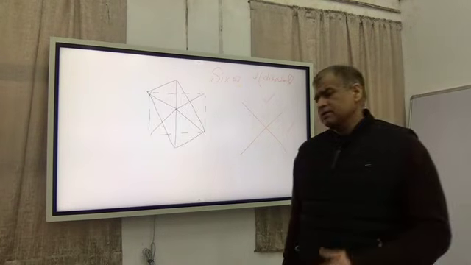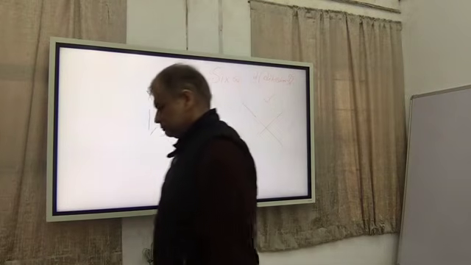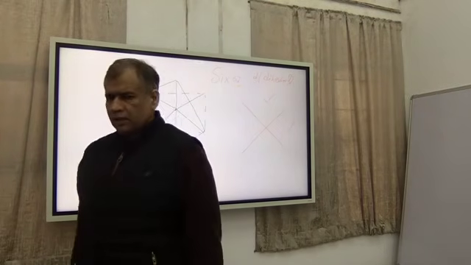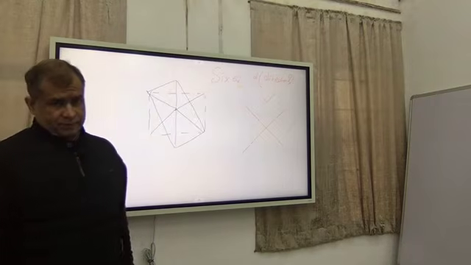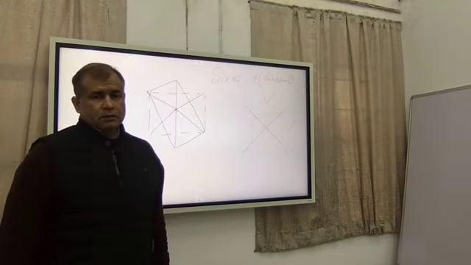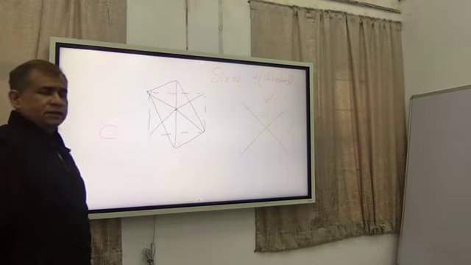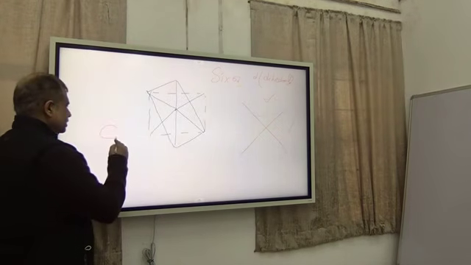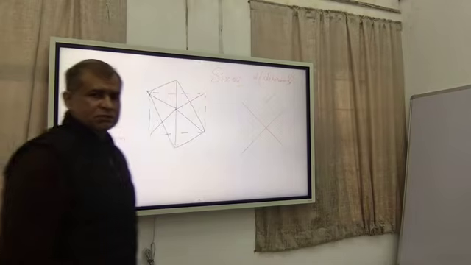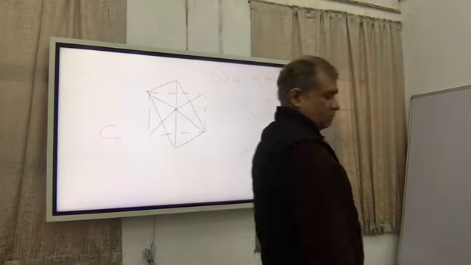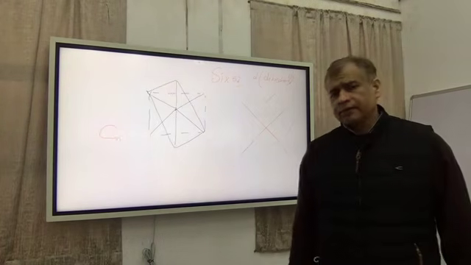There is one more axis of symmetry, which is called improper axis of symmetry. Actually, the axes of symmetry which we discussed have been given the symbol C with a subscript number: C2, C3, C4. These are called proper axes of symmetry.